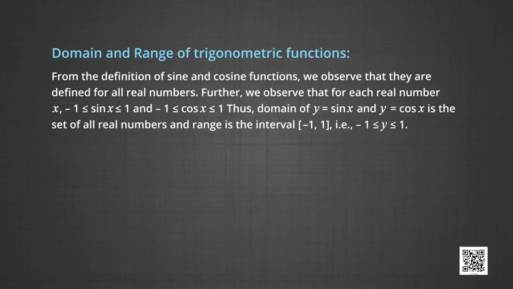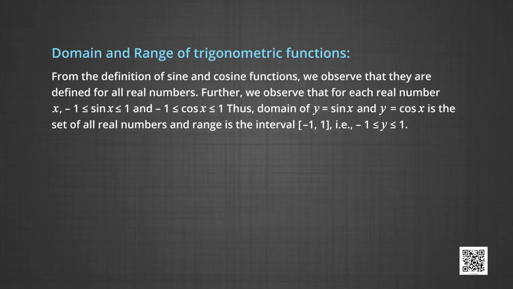From the definition of sine and cosine functions, we observe that they are defined for all real numbers. Further, we observe that for each real number x, minus 1 is less than or equal to sin x is less than or equal to 1, and minus 1 is less than or equal to cos x is less than or equal to 1.